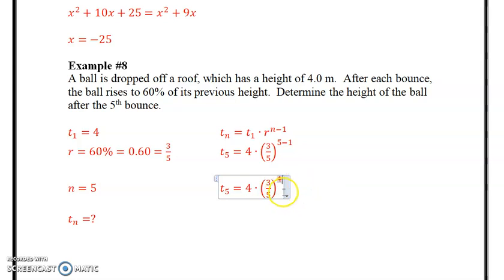Now we got to take the numerator and the denominator of our R value, 3/5, and raise that to the power of 4.